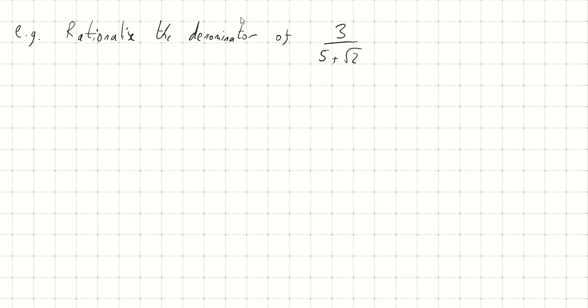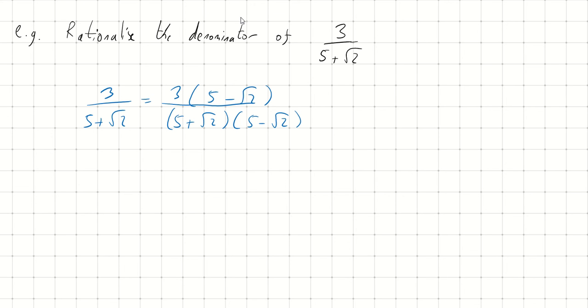So in this example we've got 5 plus root 2 in the denominator. We're actually going to multiply the top and bottom by 5 minus root 2. So this becomes 3 times (5 minus root 2) over (5 plus root 2) times (5 minus root 2).